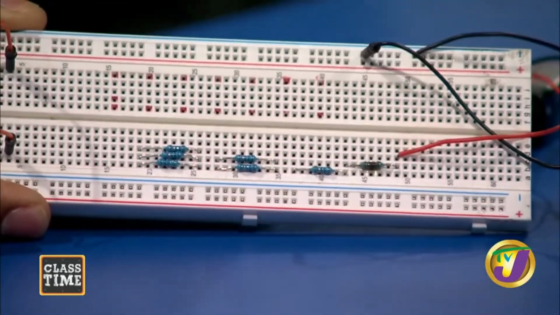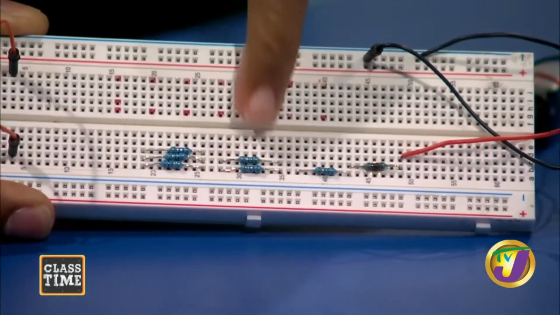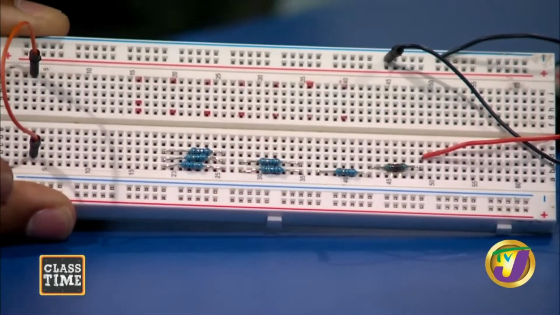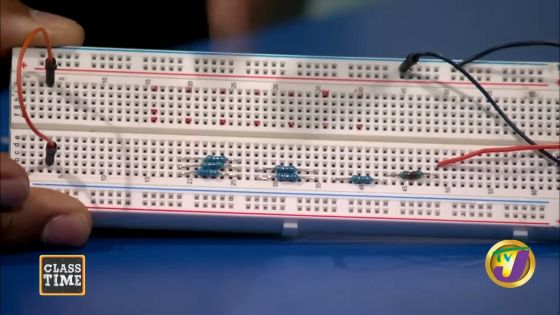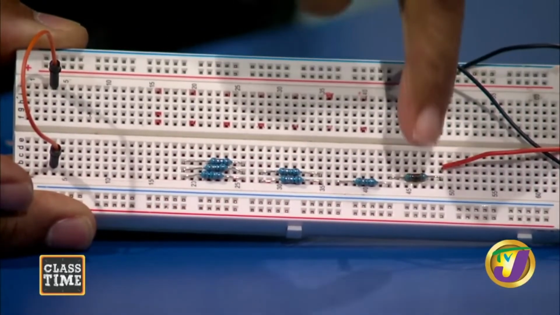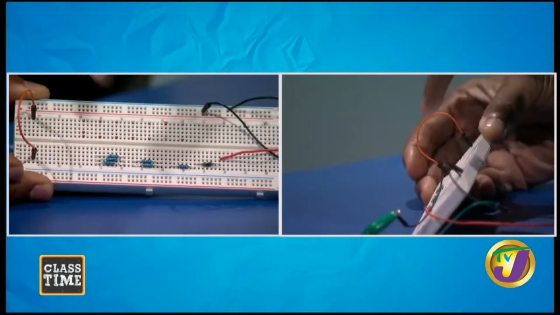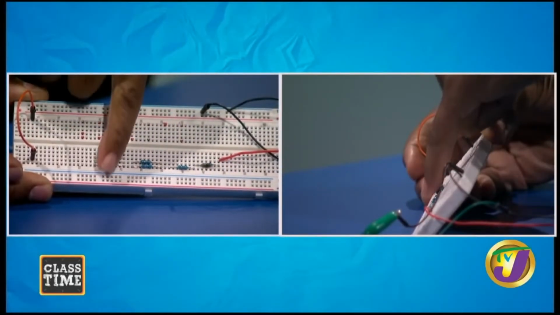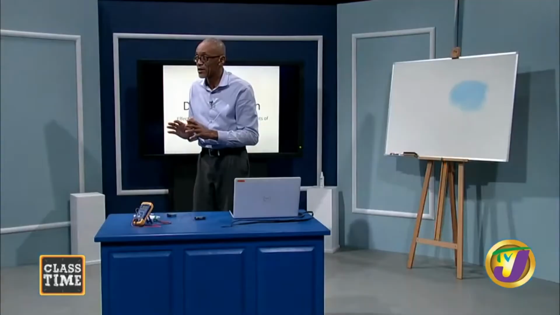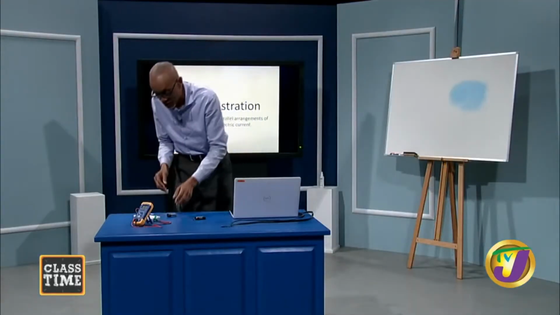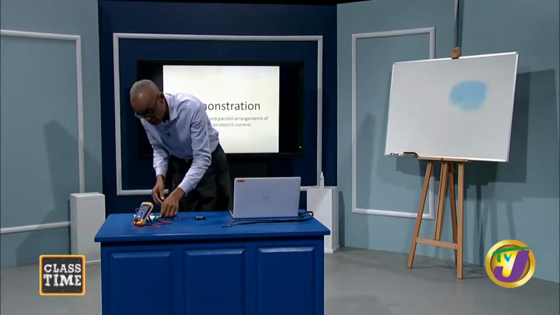Then on this part here, we have two resistors in a parallel arrangement and three resistors in a parallel arrangement. So we have two resistors in series, two in parallel, and three in parallel, and we will look at the effect of these parallel and series arrangements on current.